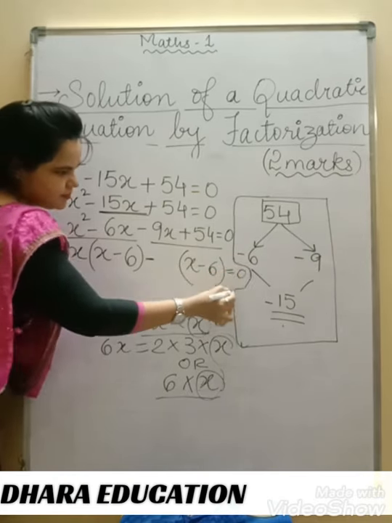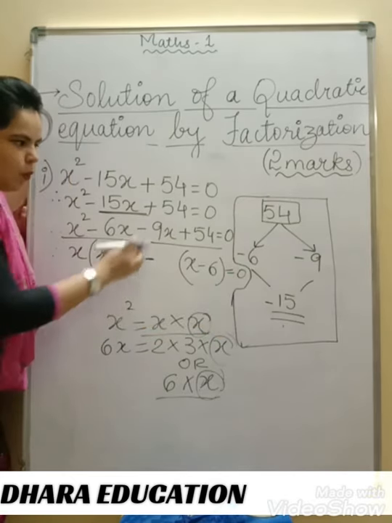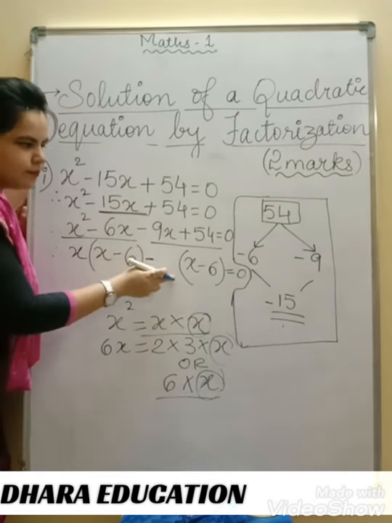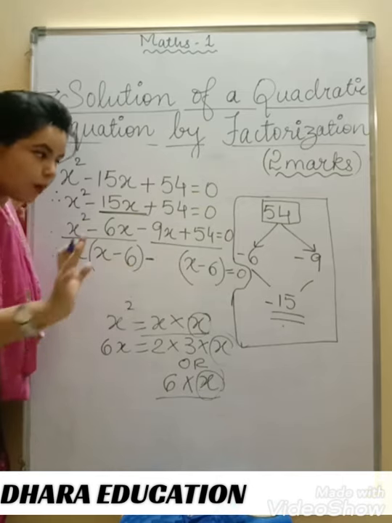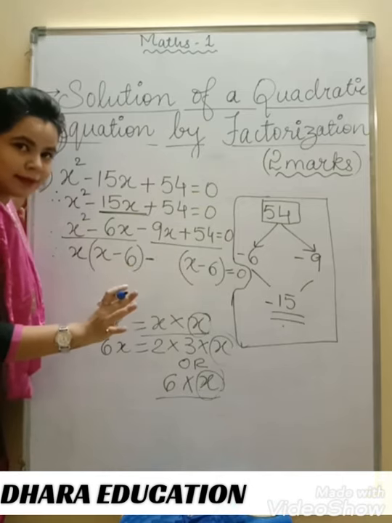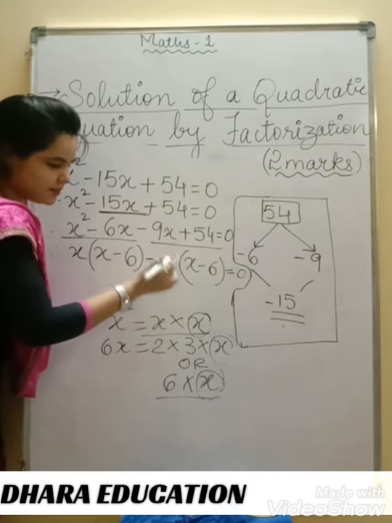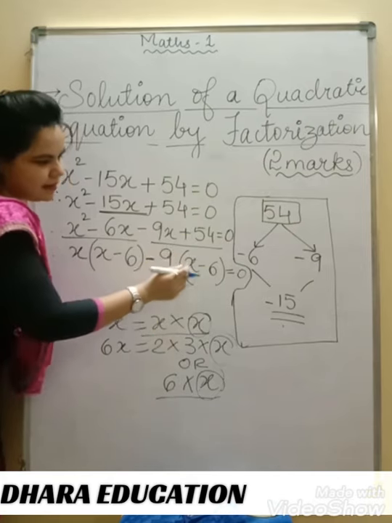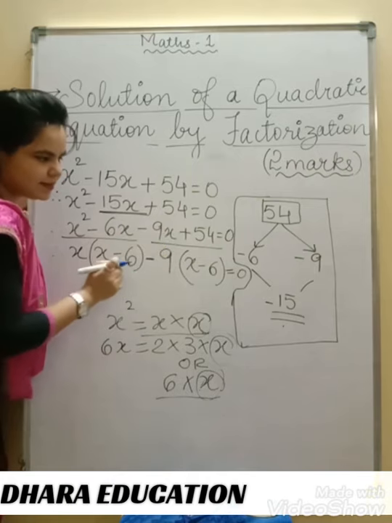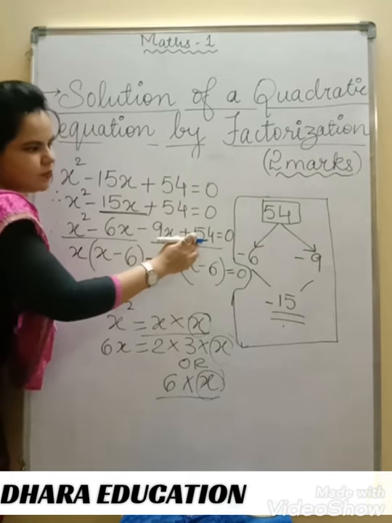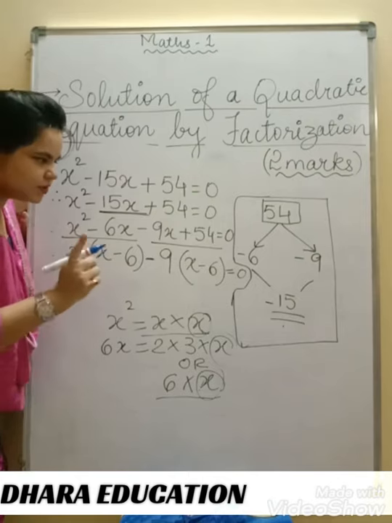Please try to understand this. And what do we have to write here? 9 we cannot write. Why? We can't write 9, right? Because 9 multiplied by x gives you 9x. So we will write 9x multiplied by x to get 9x, and 9 multiplied by 6 we get 54. So this is the logic.